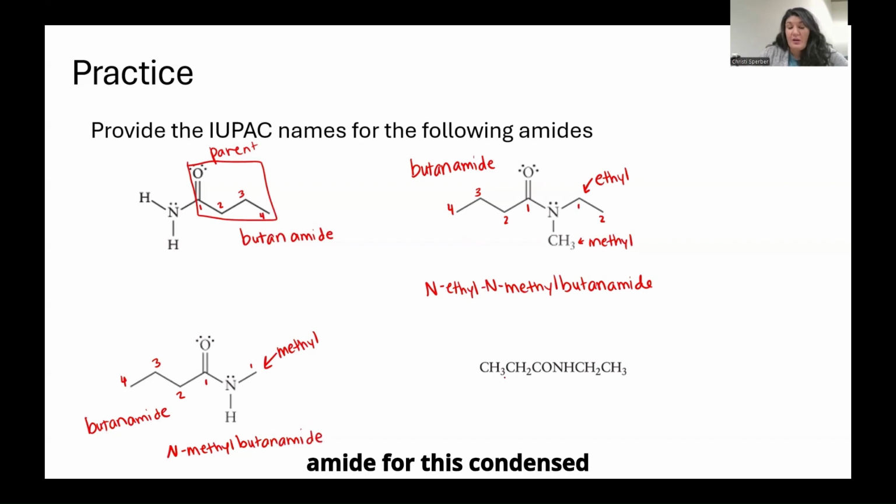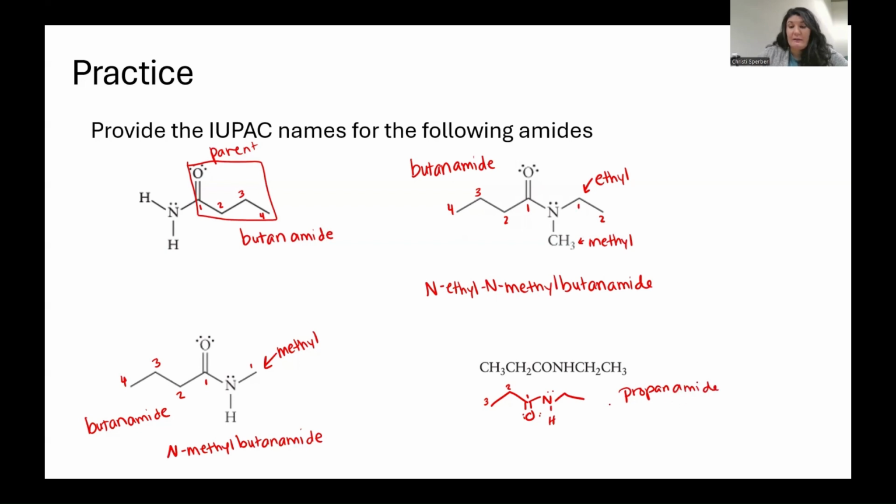For this condensed structure, I'm going to go ahead and write it in a skeletal line structure so that I can see it better, and then write the name off of that. So I have CH3, CH2, then I have my carbonyl carbon bonded to a nitrogen, which is bonded to a hydrogen, and CH2, CH3. Going off my carbonyl carbon, I have 1, 2, 3, which is prop, and then amide at the end.